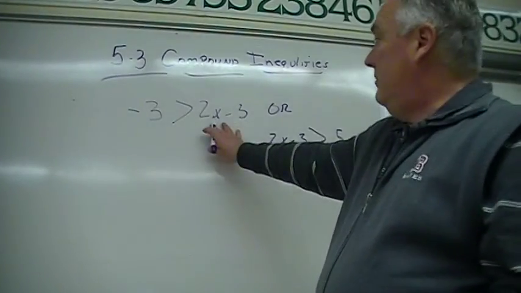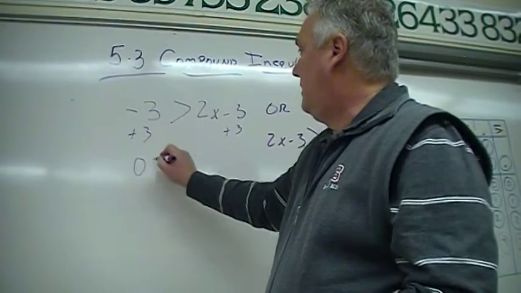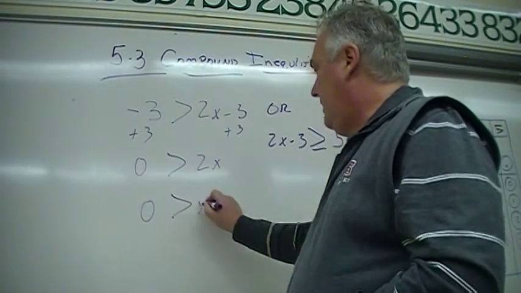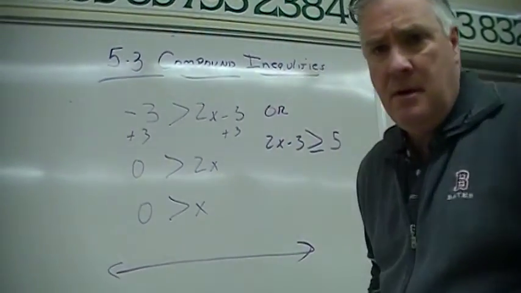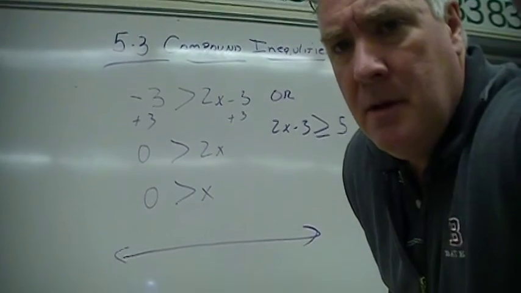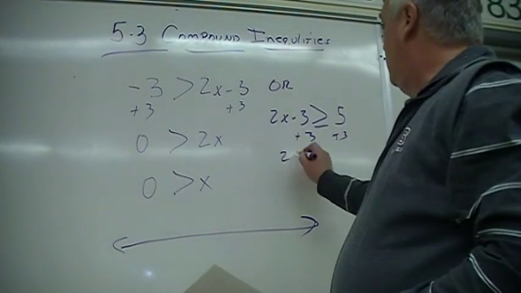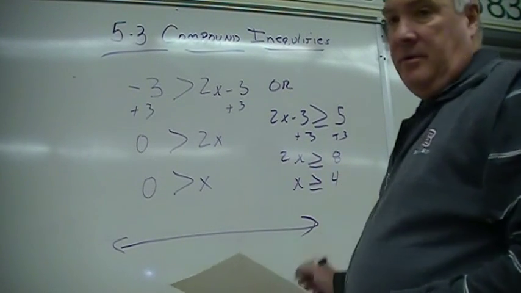So we're going to solve them just like we did before. Plus 3, 0 is greater than 2x. 0 is greater than x. Plus 3, 2x is greater than or equal to 8, x is greater than or equal to 4.